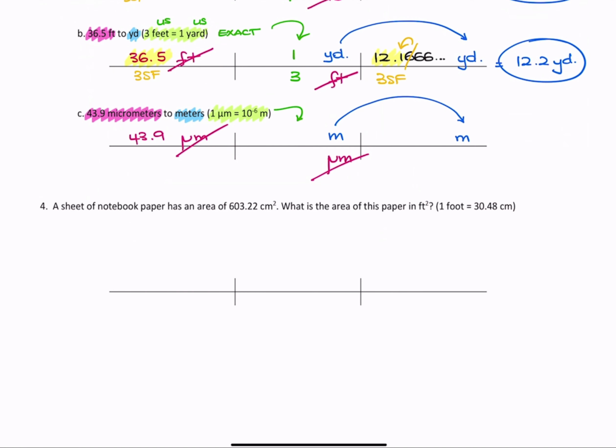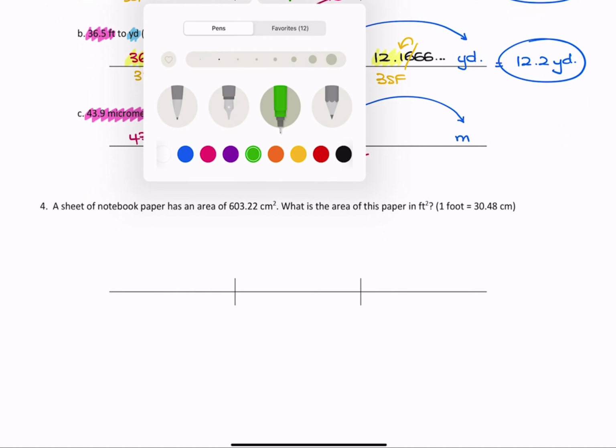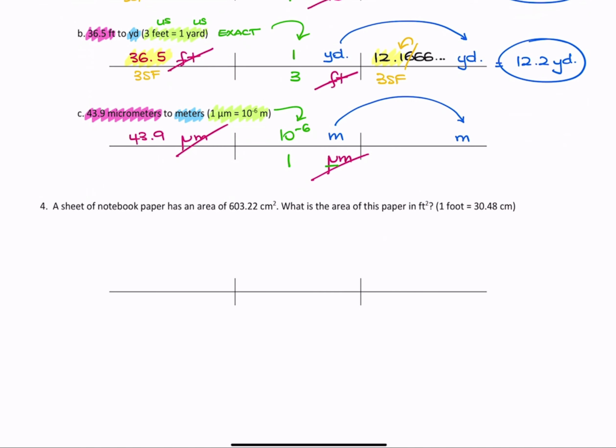Using the relationship as a conversion factor, remember that here I have my prefix, so the 1 goes here, and on the opposite side I have the value for the prefix. Okay, if you do this, it will work all the time. Plug this into your calculator and you will get 4.39 times 10 to the negative 5.